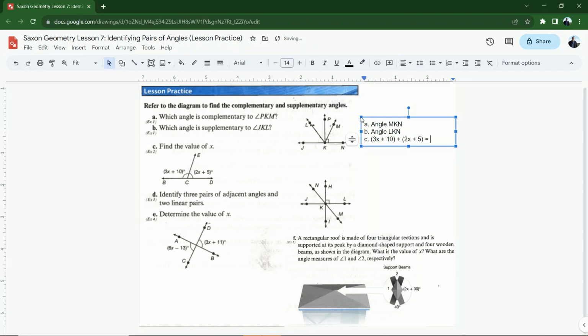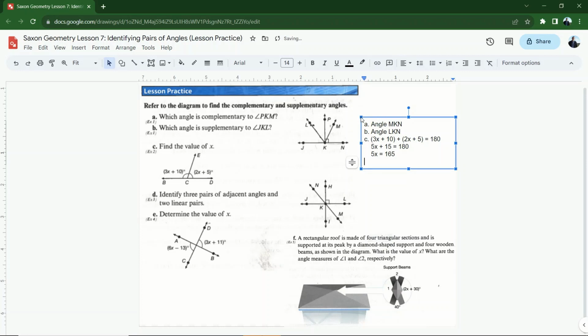When I add those together, I should get 180 degrees because this is a straight line. 3x plus 2x is 5x, plus 10 plus 5 is 15, equals 180. I'm going to subtract 15 from both sides, so I get 5x equals 180 minus 15, which is 165.